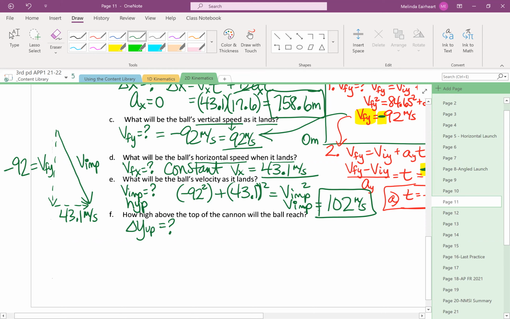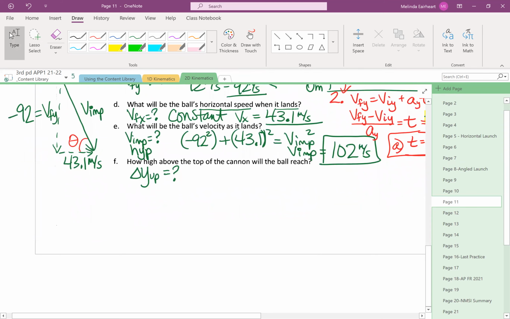So yay. Now they don't tell us to, but we could find the angle that it hits the ground, right? We know the launch angle is 63. How do we find the angle that it hits the ground?